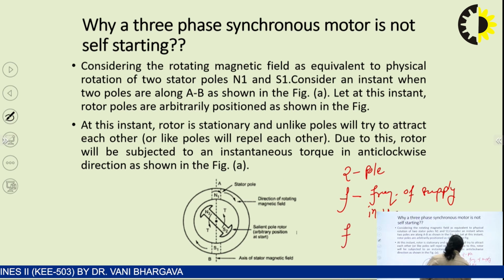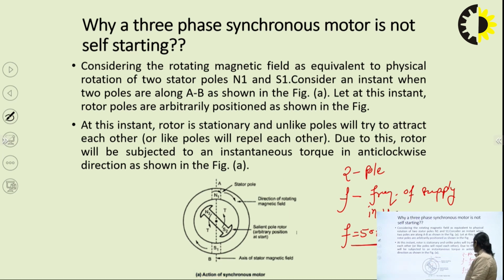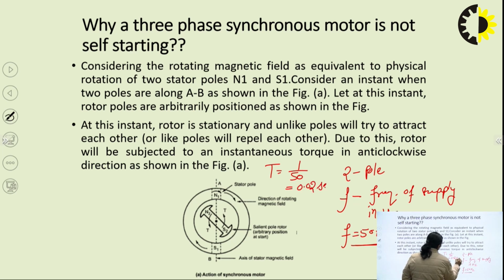Suppose the frequency is equal to 50 hertz, right? For a supply frequency of 50 hertz, the time period would be equal to 1 by 50, that is 0.02 seconds.